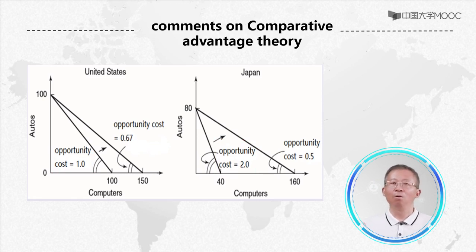Suppose both nations experience productivity increases in manufacturing computers, but little productivity change in manufacturing automobiles.